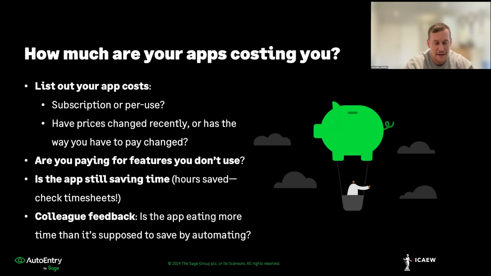It'll be their colleagues, right? So they're the members of their team. And so getting that direct feedback from them, like yes, this is working, or no, it's not, or actually if we did it this way, it would work, is really important. So getting that information from the horse's mouth is important in understanding the costs and whether the app is working for you.